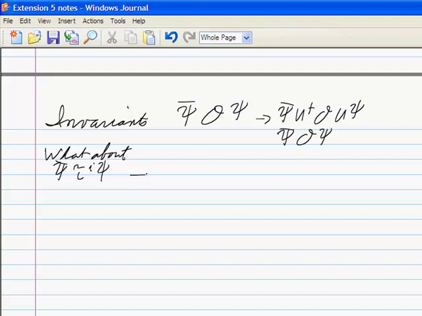That turns into psi bar u dagger tau i u psi. U dagger tau i u is a 2 by 2 matrix. It's Hermitian.